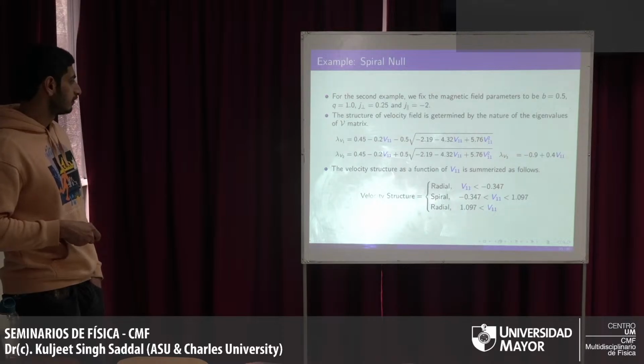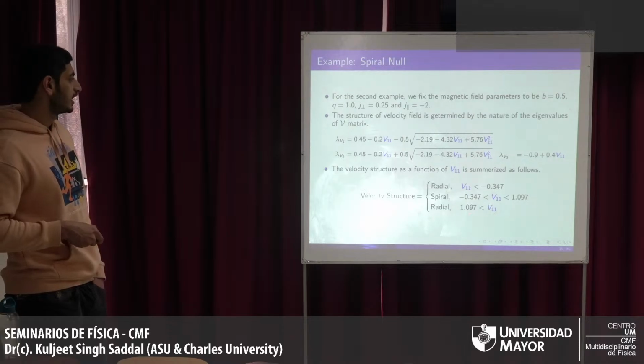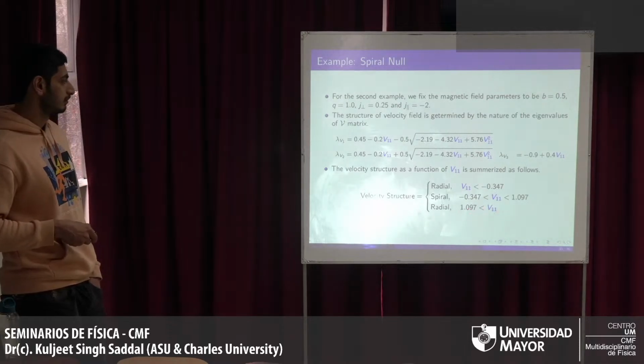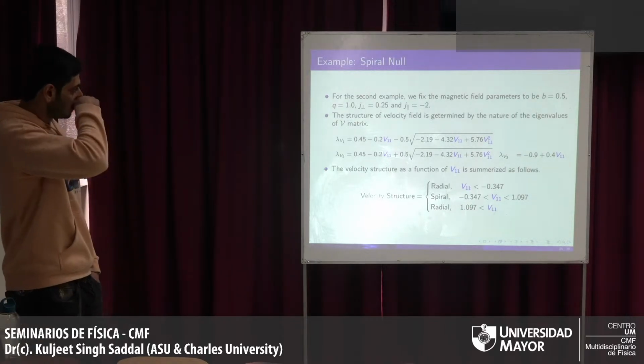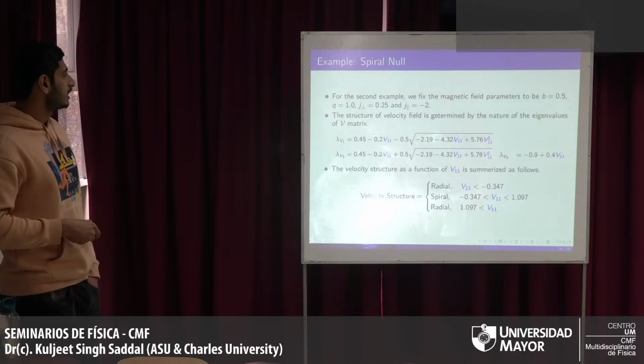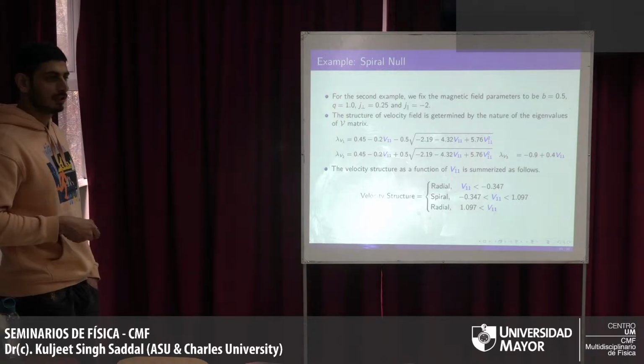It will be radial for V11 less than the first root. It becomes complex, or the field becomes parallel, where V11 is between the two roots, and it again becomes radial for V11 greater than the second root. So now for a spiral magnetic field configuration, we have radial velocity configurations possible.